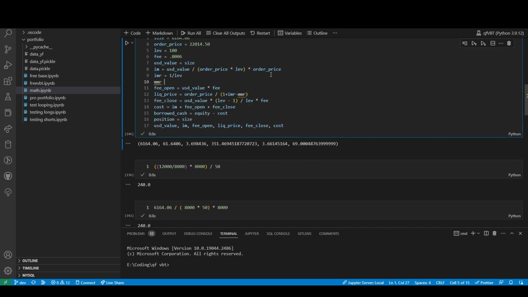MMR equals 0.005. All right. There we go. And then fee to close is this.